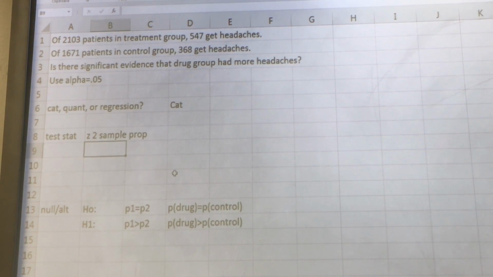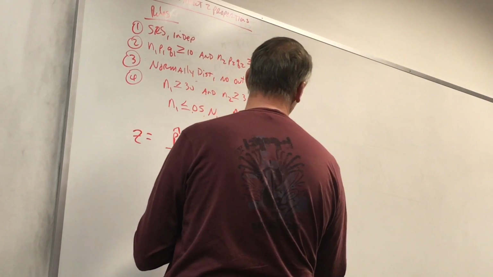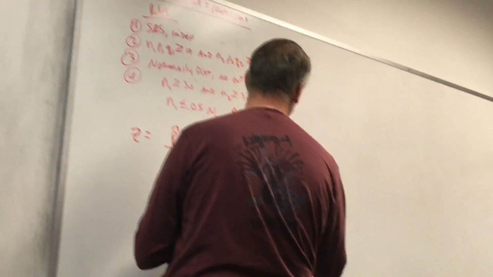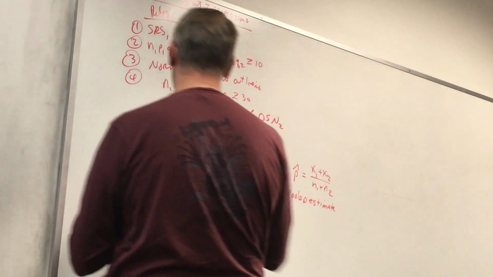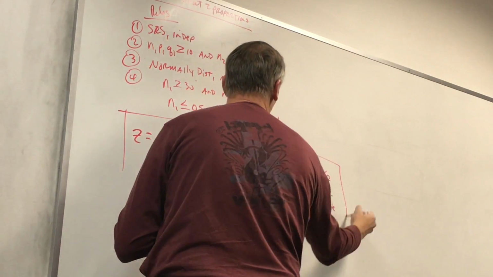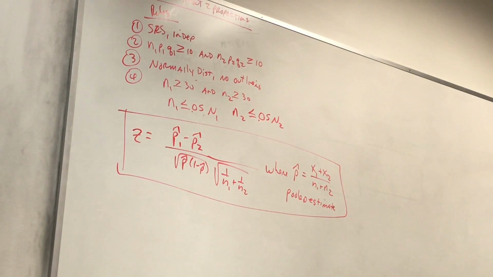Okay, where P hat equals x1 plus x2 over n1 plus n2, this is what's known as the pooled estimate. Okay? So yes, it is a Z equation. This is a new equation. I haven't taught you yet.